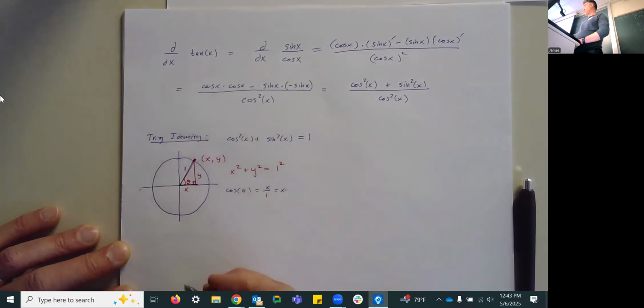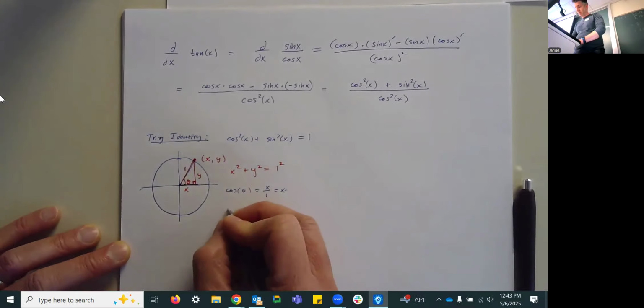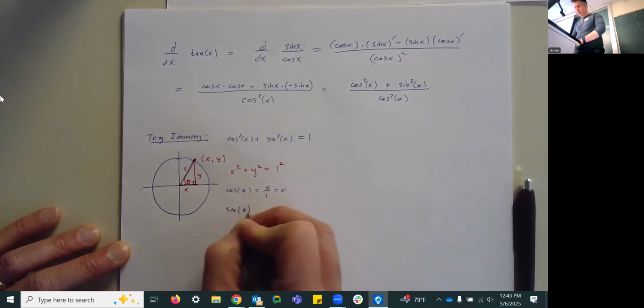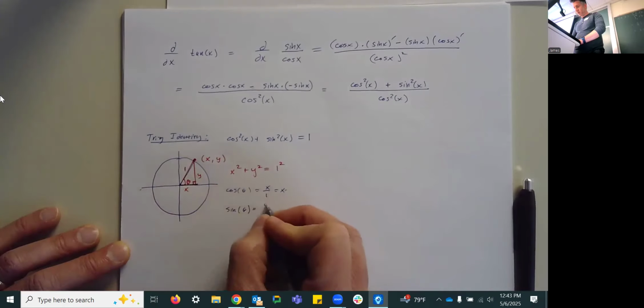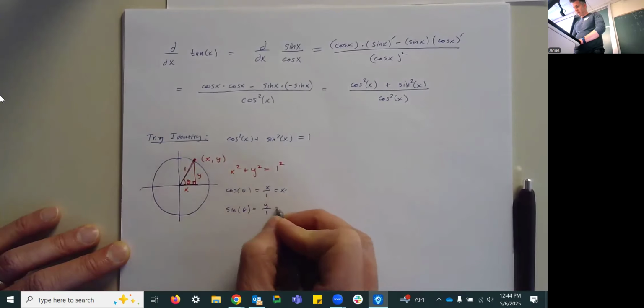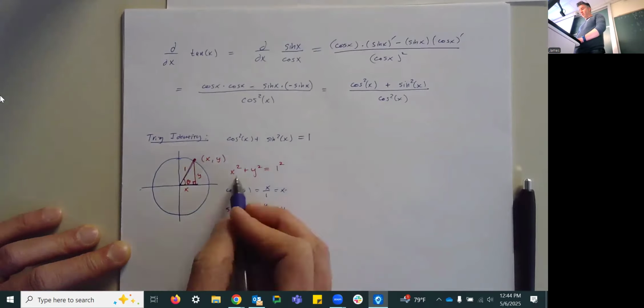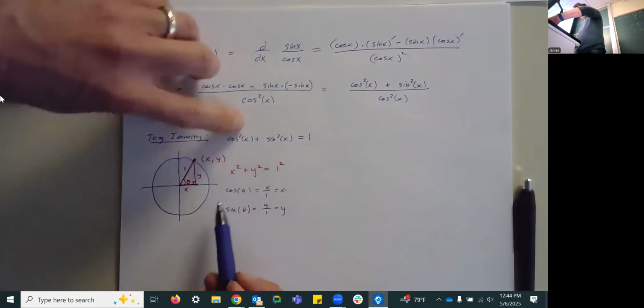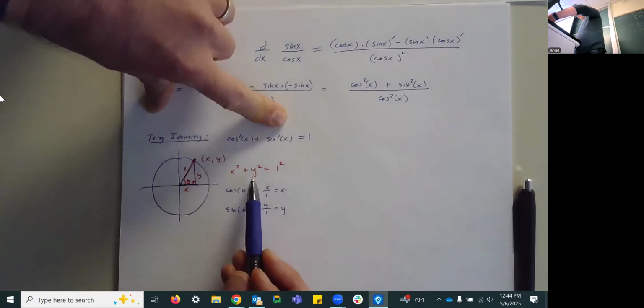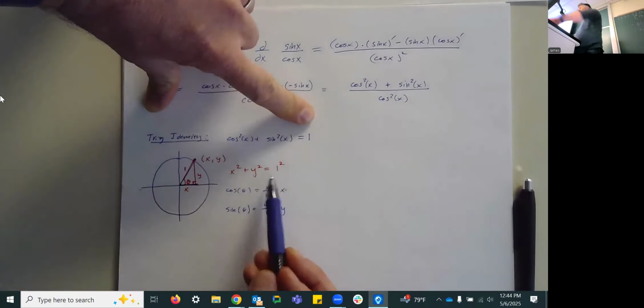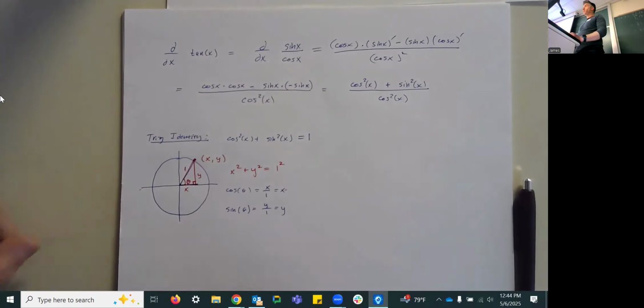So x is equal to cosine of theta. And similarly, sine of theta is the opposite side divided by the hypotenuse. So sine of theta is just y. So you can rewrite this equation as cosine squared of your angle plus sine squared of your angle equals 1. That's where that identity comes from.